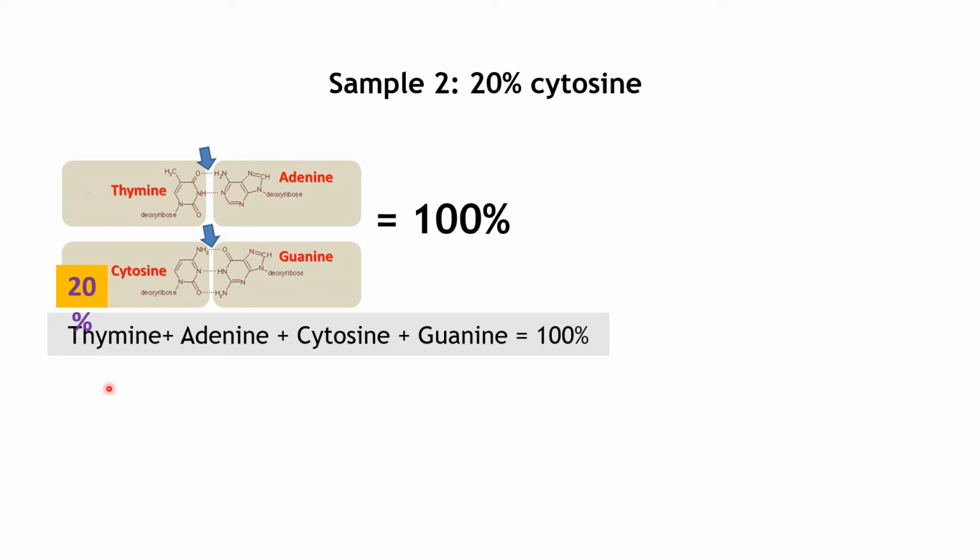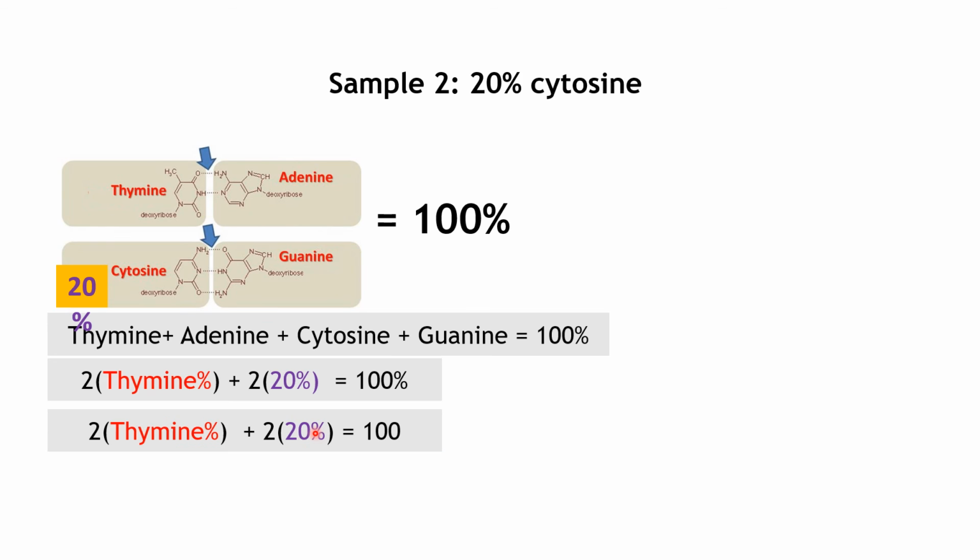So now we have the formula here again. In this case, 2 times the concentration of thymine plus 2 times the concentration of cytosine, that is 20%, will be 100%.